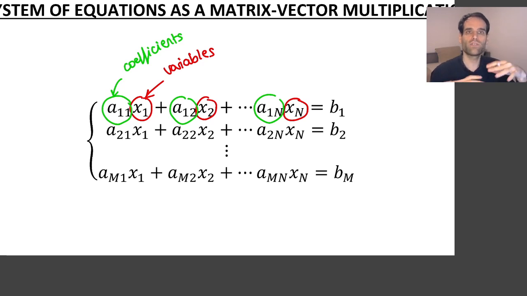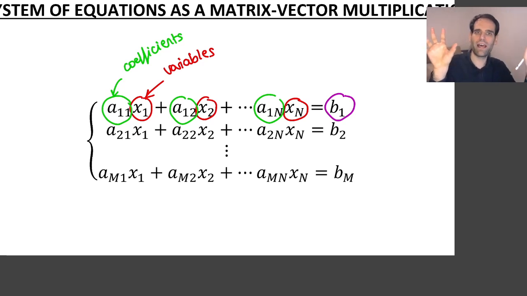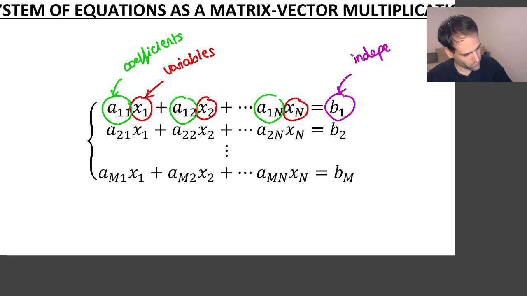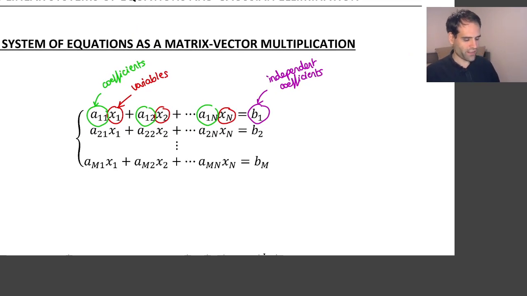So it's a coefficient that goes alone. This would be the b coefficient here, which we can always move to the other side of the equal sign. We always collect all of the coefficients which multiply variables on one side, and the coefficients that do not multiply any of the variables we put at the other side. These are called the independent coefficients. This is the most general way in which you can write a linear system of equations.